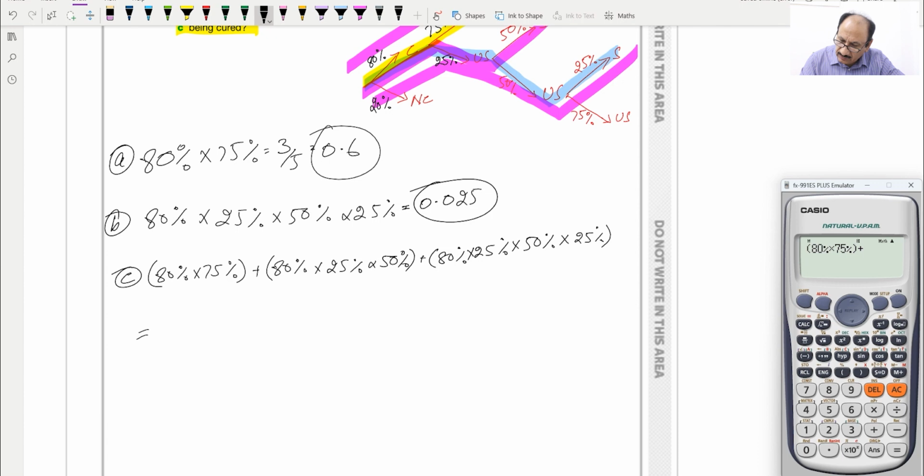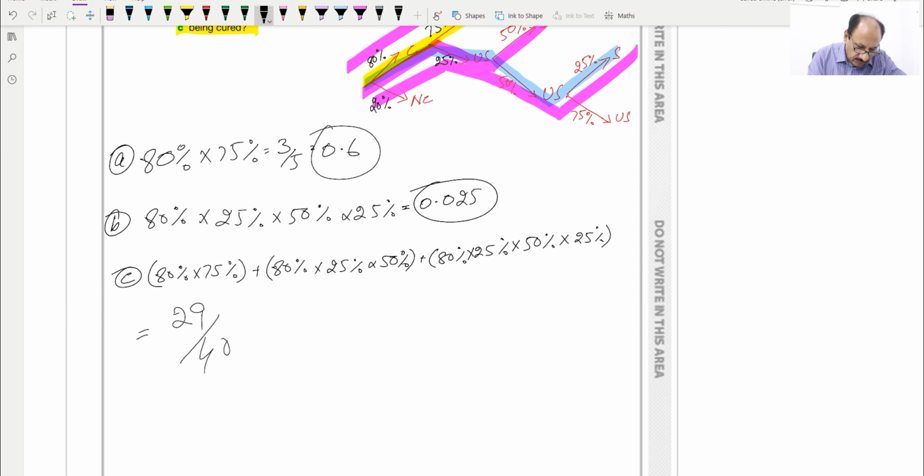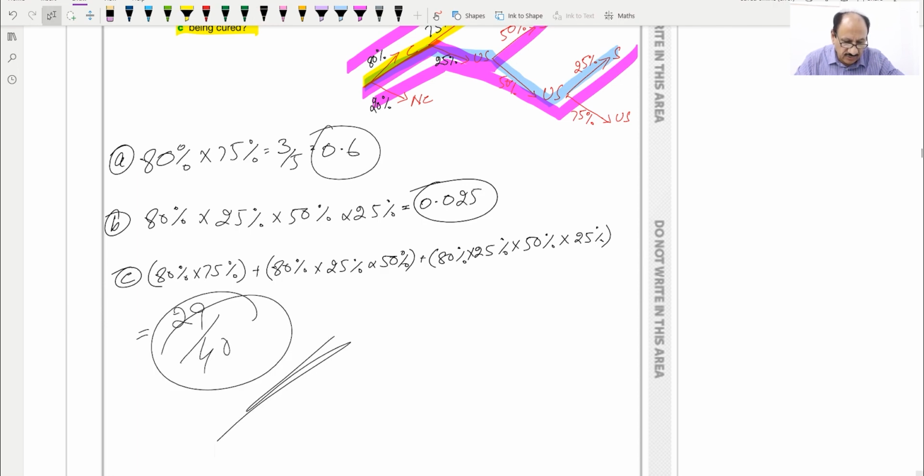We can write 80% into 75%, bracket close, plus 80% into 25% into 50%, bracket close, and plus the last one will be 80% multiplied by 25%, and then multiplied by 50%, and then the last 25%, bracket close, and this results in 29/40. So 29/40 will be our final answer for this C part.